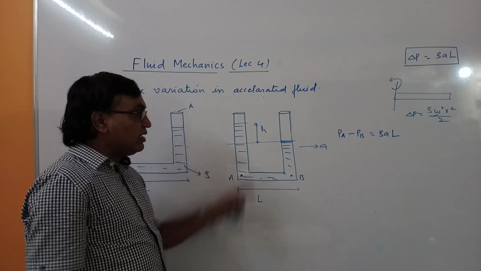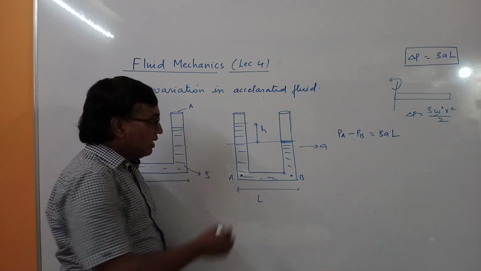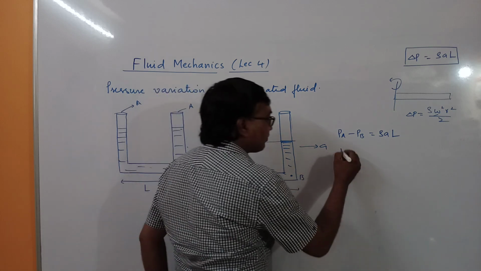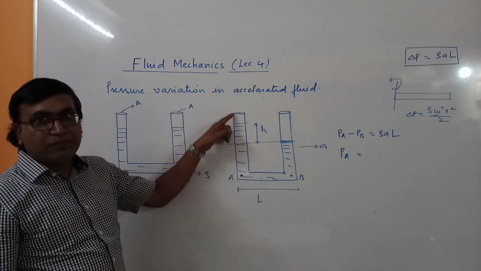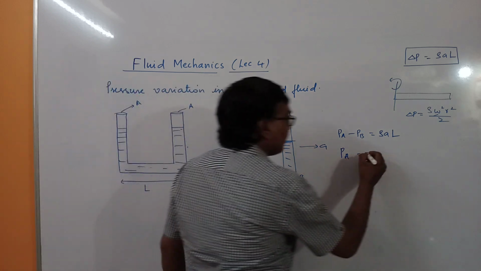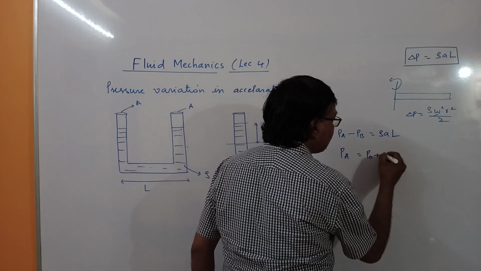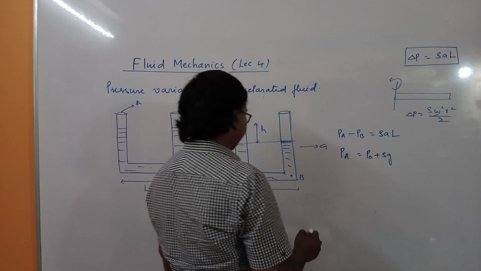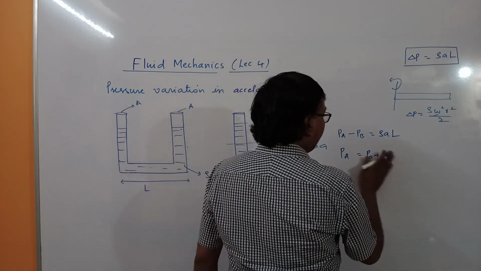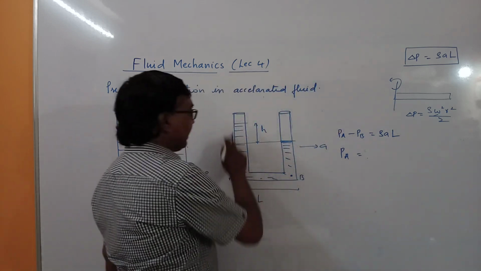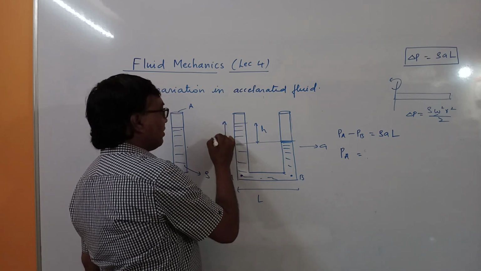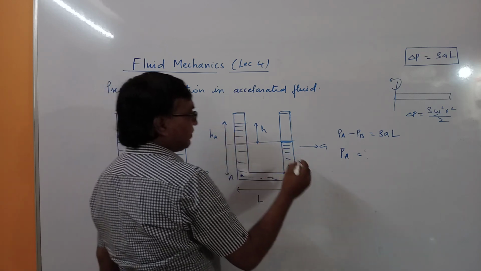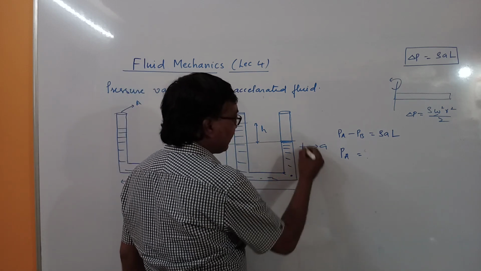Now we have to find this in terms of the difference in height H. At point A, the pressure due to the vertical column of fluid is P naught plus rho g times some height. Let us say this height is HA and this height is HB.